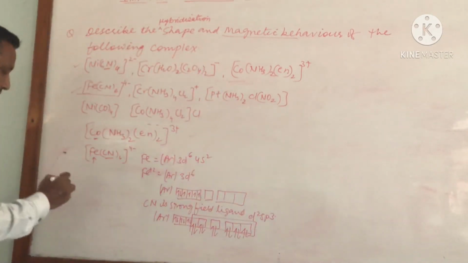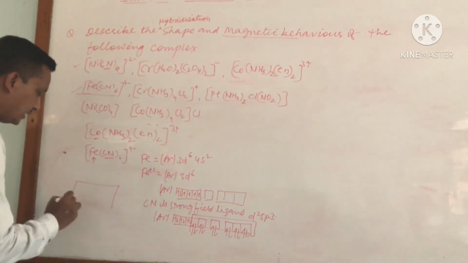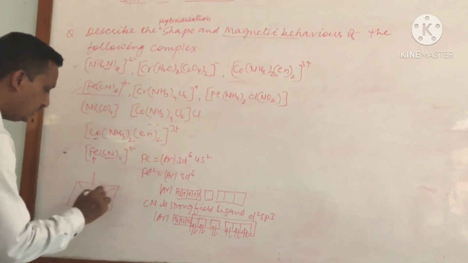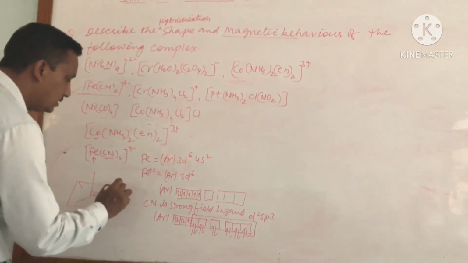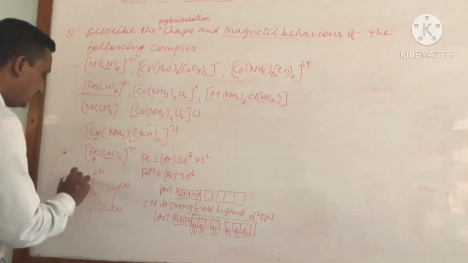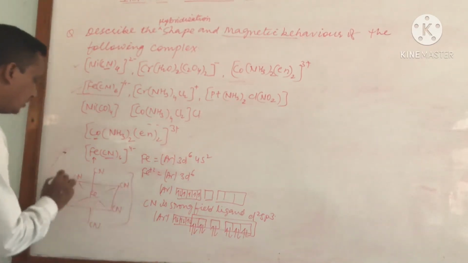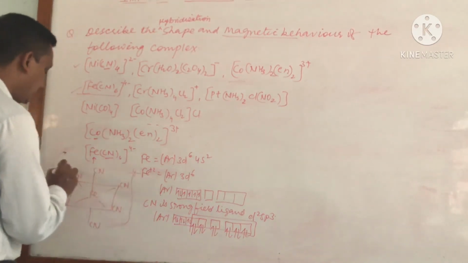For d2sp3 we know that this molecule would be octahedral: Fe and CN, CN, CN, CN, CN and CN, and the 4 negative charge would be at this place.